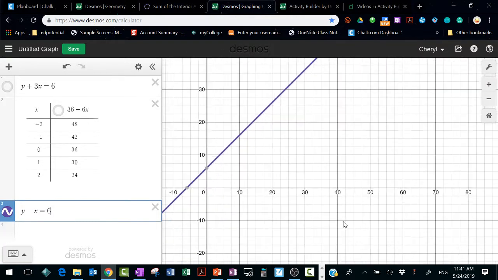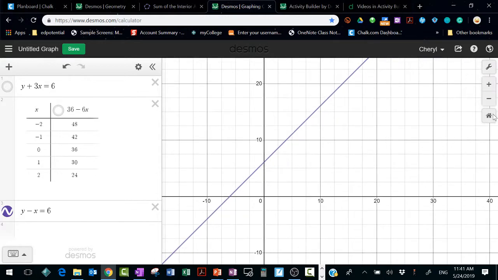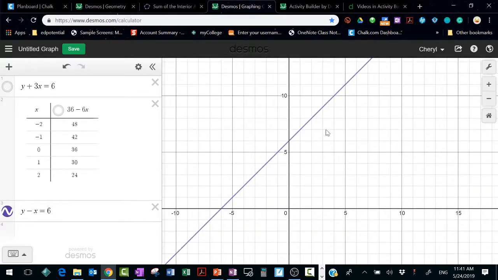Again, I can zoom out and play around with the zoom a bit. I can get the y-intercept here, which is 0, 6, and the x-intercept, which is -6 and 0. I can plot those 2 points. Because of the form this is in, I don't think it's going to give me a table. Nope, it's not. So I'm going to have to rely on the intercepts to give me my 2 points.